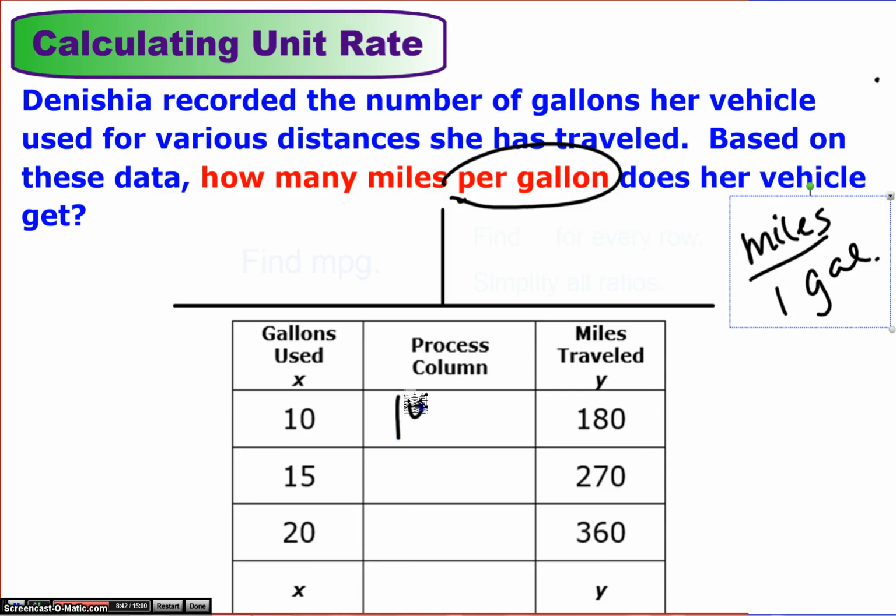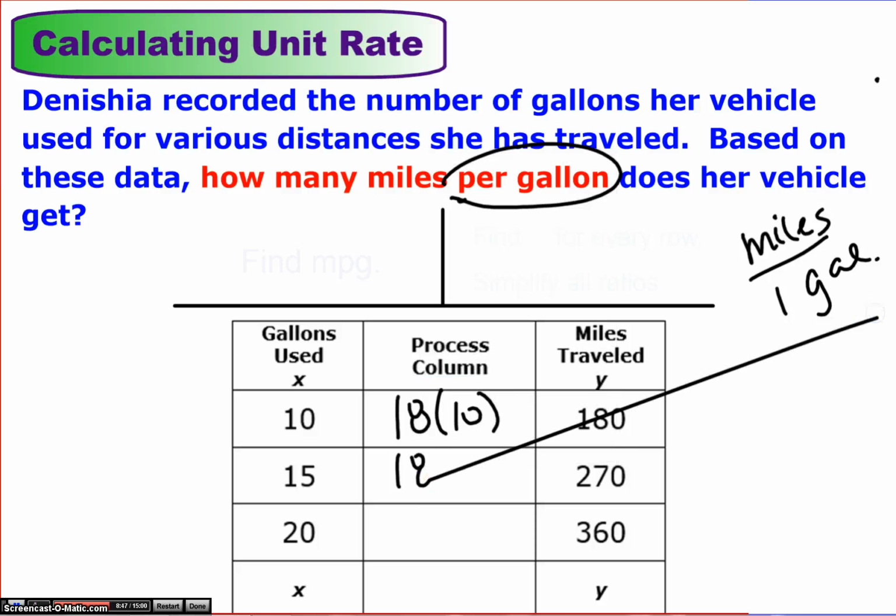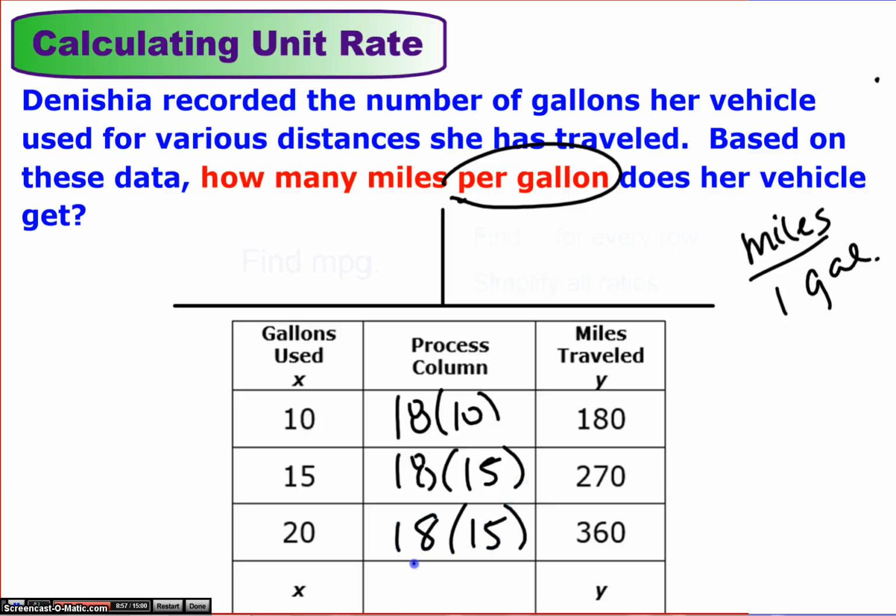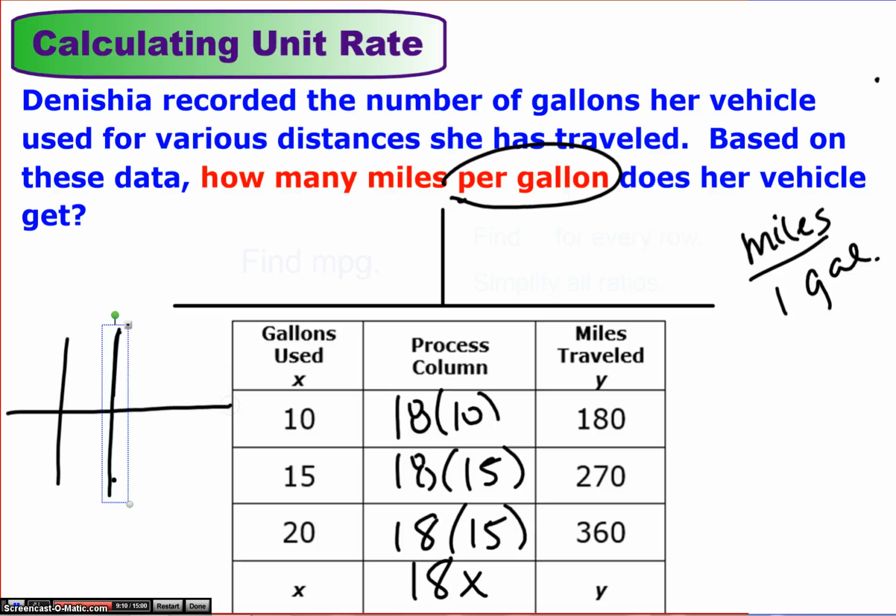Well, 18 times 10. And you'll notice that the process column is going to be the same all the way down. But I want to look at it a different way. You have your gallons here.